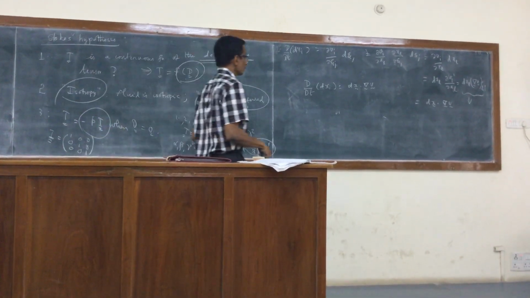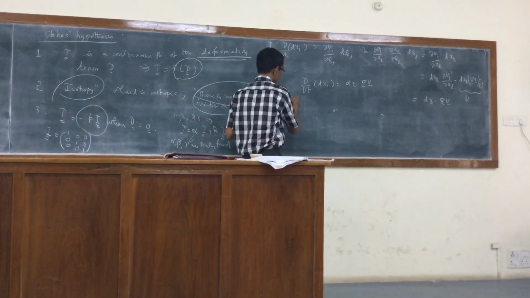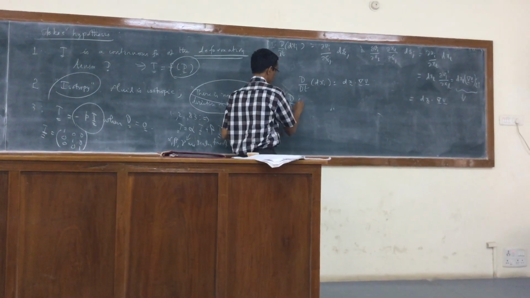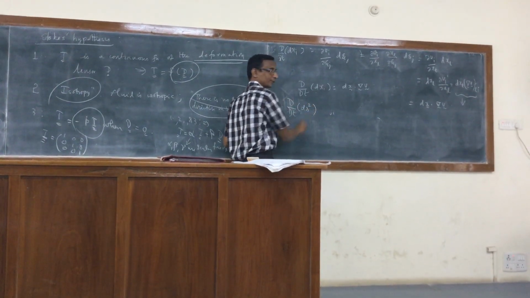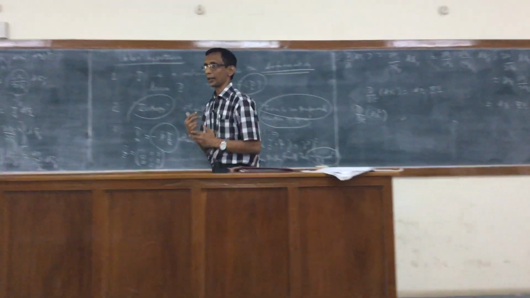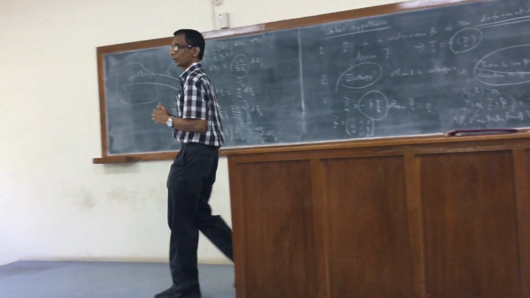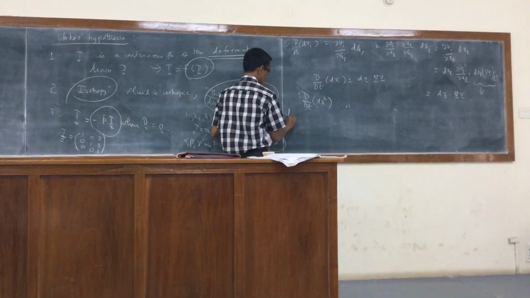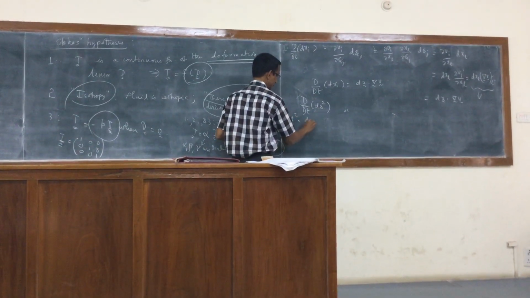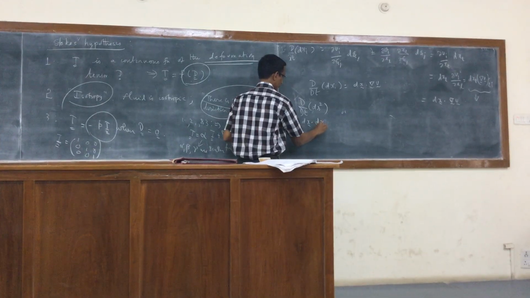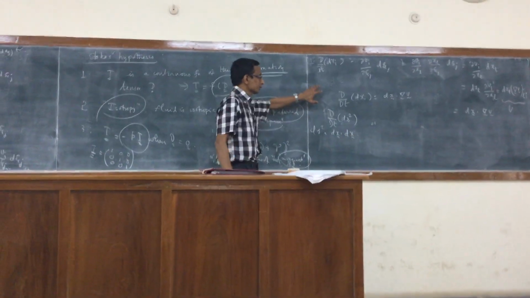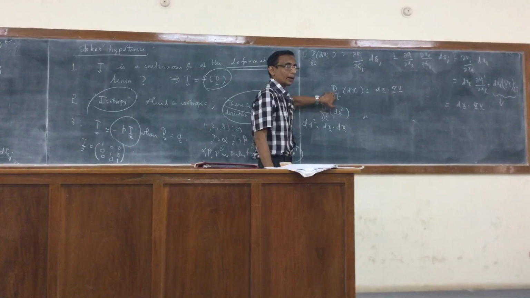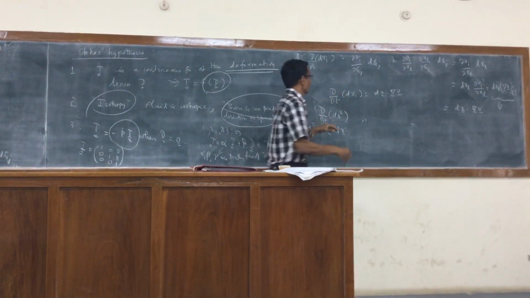Now, if I were to calculate d by dt of ds square, as it is called, the arc length square, ds square is defined as dx dotted with itself. So what this represents is the time rate of change.